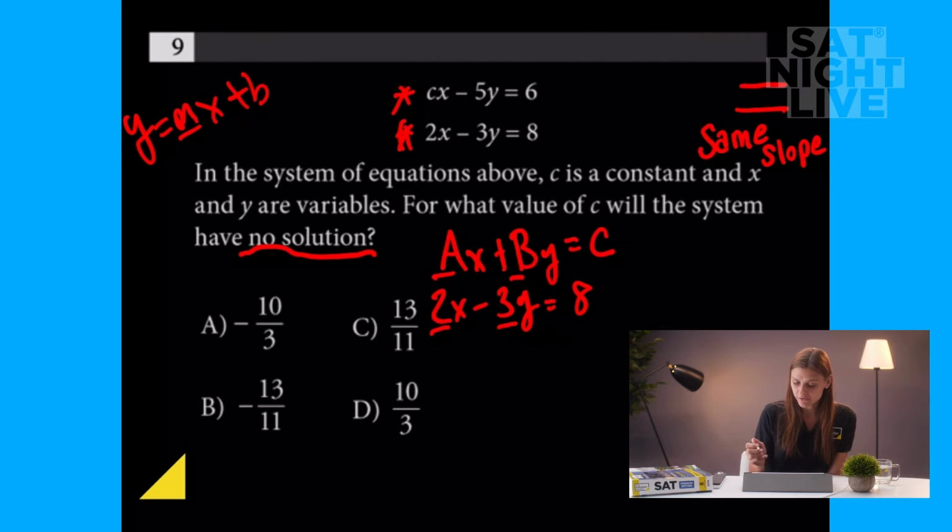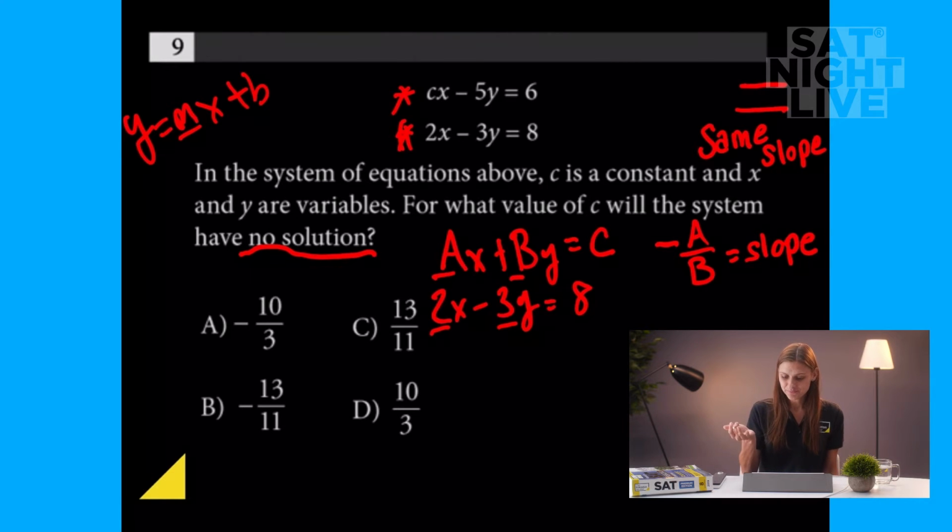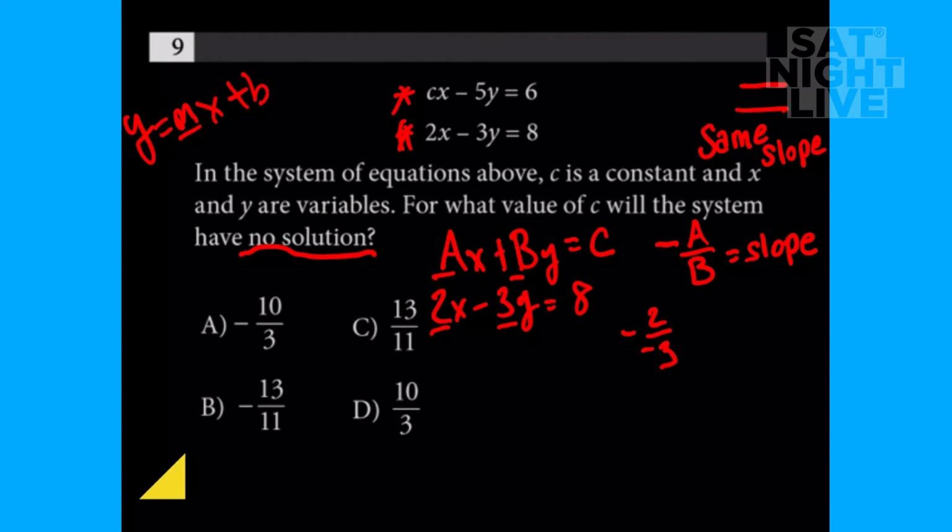When we're dealing with this form, negative a over b is another way of putting our slope. So we can plug in those numbers. Our a is 2 and our b is negative 3, so we have negative 2 over negative 3. Two negatives make a positive, so the slope of that second line is actually positive 2 over 3.